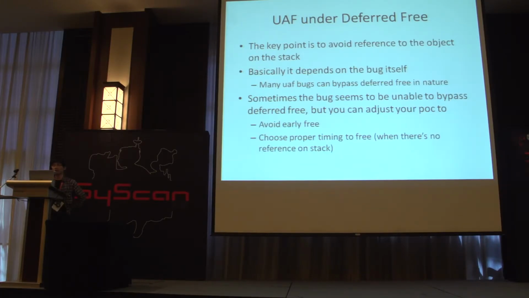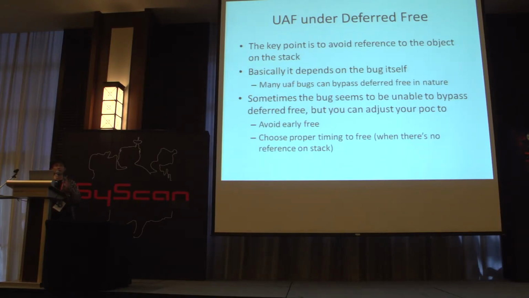To exploit UAF bugs with deferred free, the key point is to avoid a reference to the UAF object on the stack. Basically, whether you can avoid such a reference on the stack is decided by your bug itself. But sometimes a UAF bug seems not able to bypass deferred free.